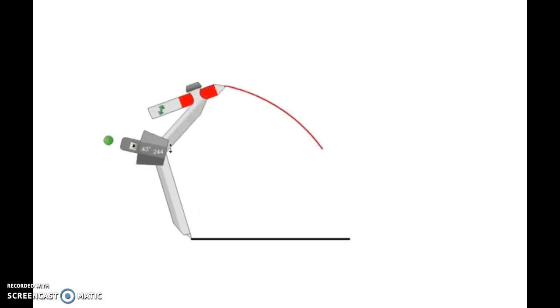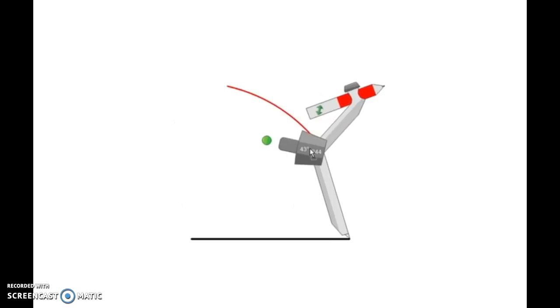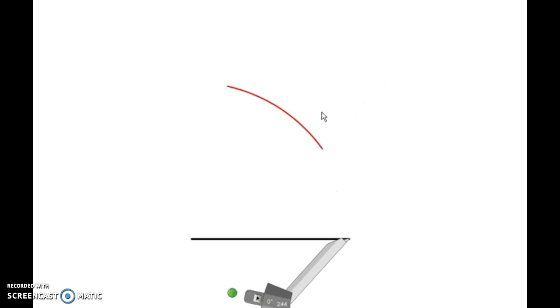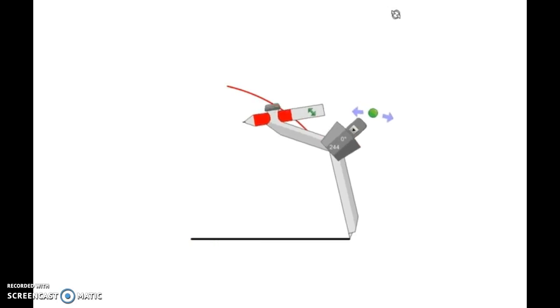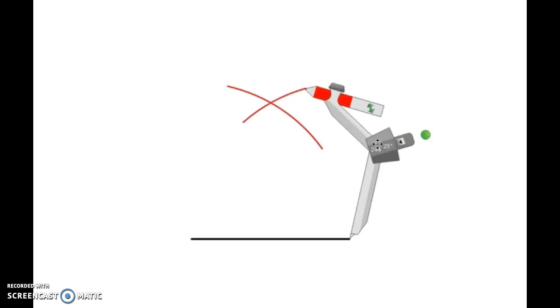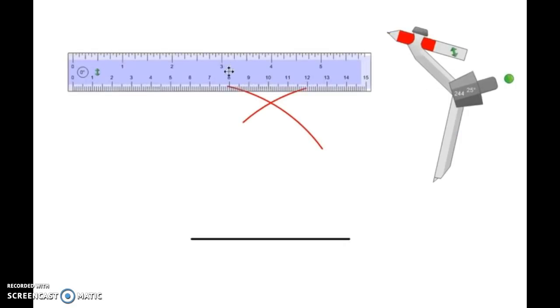And then you can either draw the full circle or you can just draw a part of the circle, an arc. And then you're going to move it to the other end point. And again, you're going to draw either the full circle or just an arc. What we're looking for right now is that intersection of those two circles. So you don't have to draw the full circles.